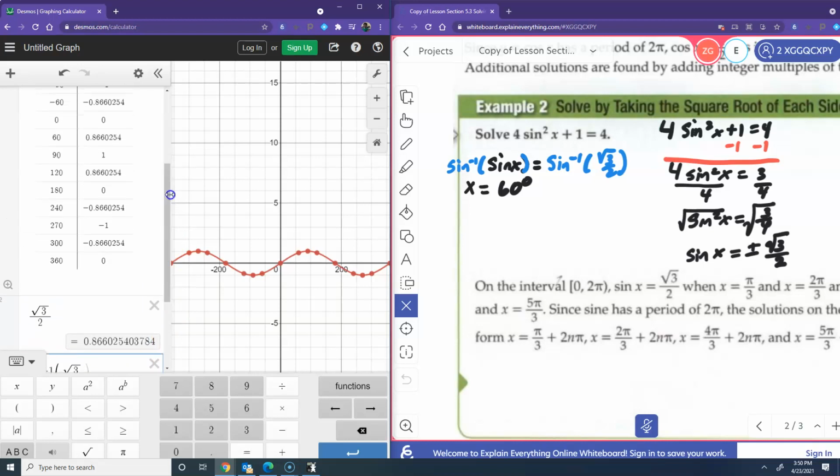If you look at the table, we have 60 degrees, it's 0.866, and at 120 it's 0.866, and then it repeats. So it could be at x equals 60 or x equals 120 degrees. So to represent this as a repeating answer, it's going to be 60 degrees plus 360 times k, or 120 degrees plus 360 times k.